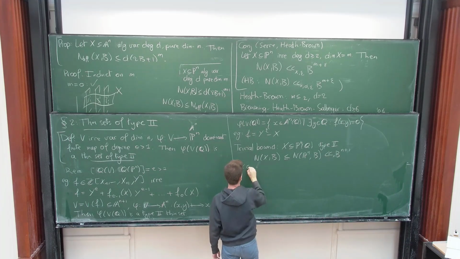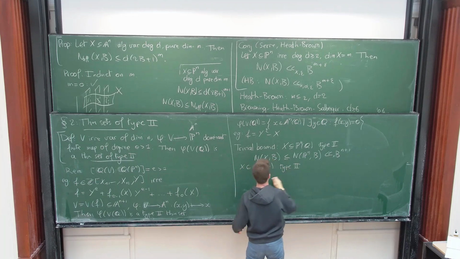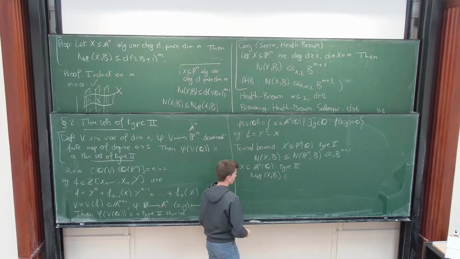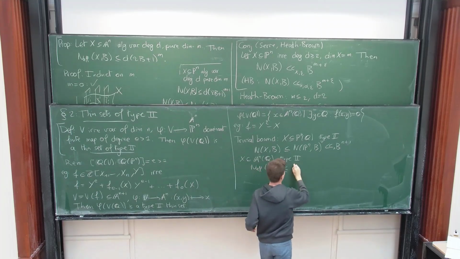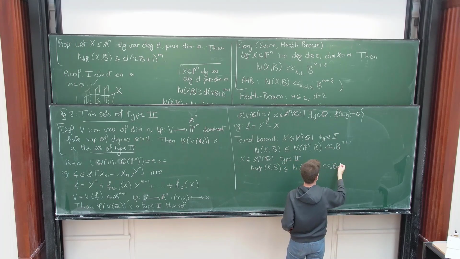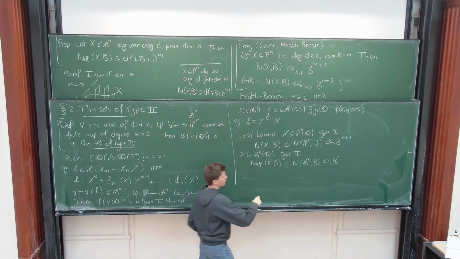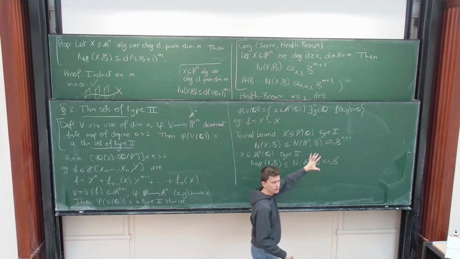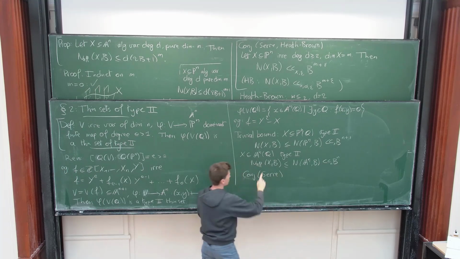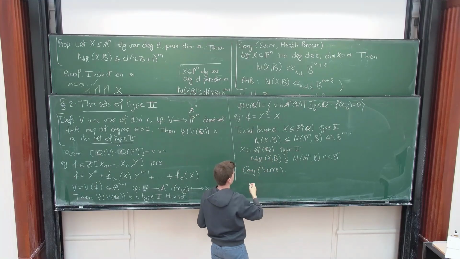And similarly, if X in affine space is a type 2 thin set, then the integral points on X are bounded by those on affine space, which is bounded by B to the n. And so Serre's conjecture is about improving this trivial upper bound again, but only for projective varieties, or type 2 thin sets in projective space.